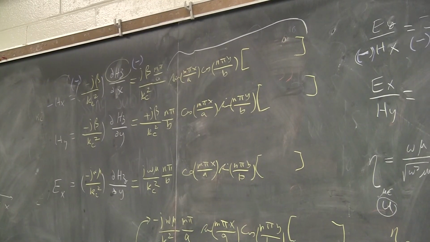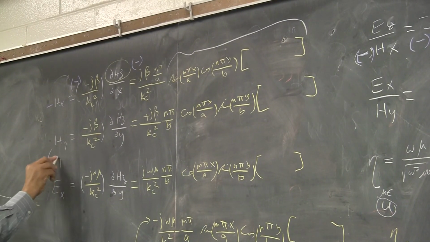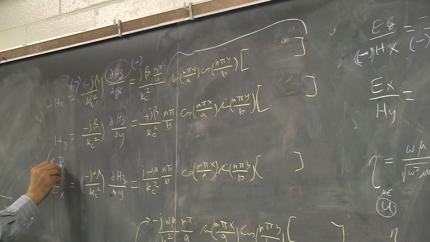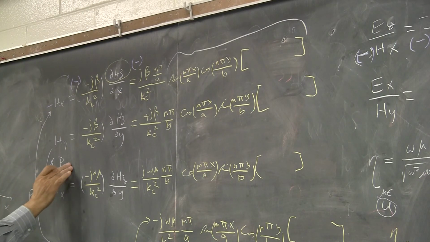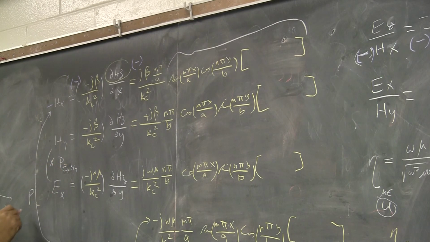So if you do a cross product between these two, you get the Poynting vector in the z direction, and if you cross these for each other, you get another Poynting vector, EX HY, and a Poynting vector between EY and HX, and obviously the two Poynting vectors are pushing the power along the waveguide.